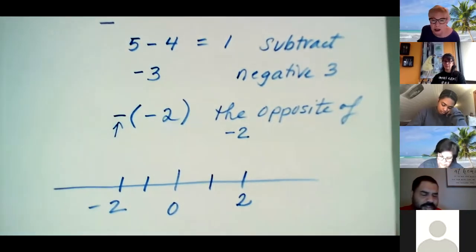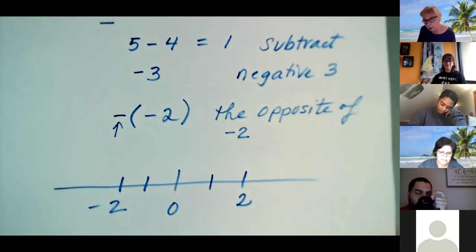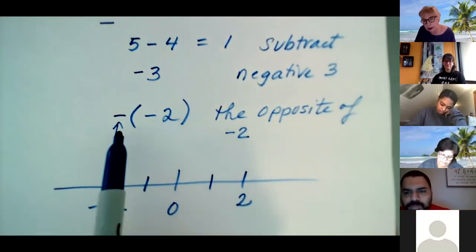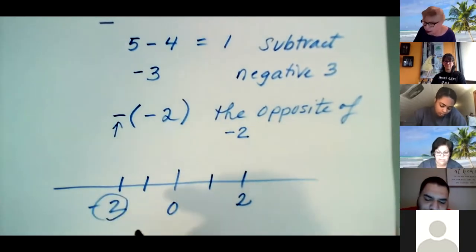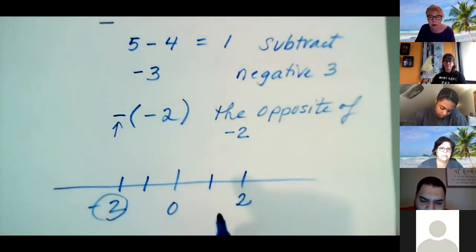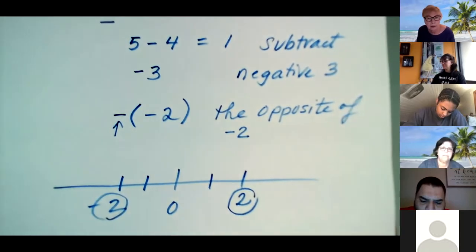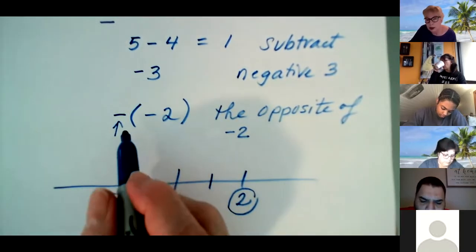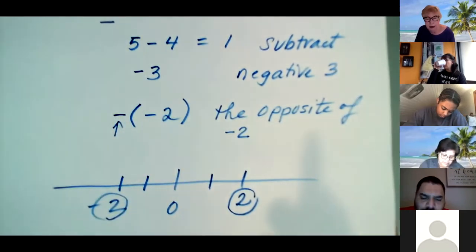And so if you've learned some of this in different ways, this may work for you. But at the moment, I'm going to treat it as the opposite of -2. So that basically means on the opposite side, so here's -2, on the opposite side, same number would be +2. So the opposite of a negative is a positive.